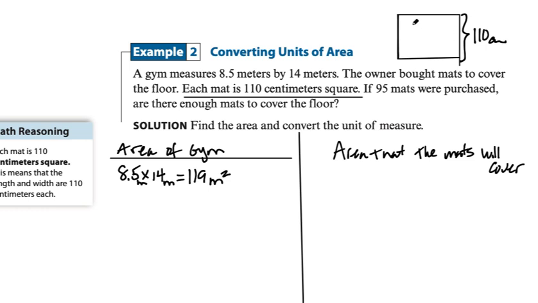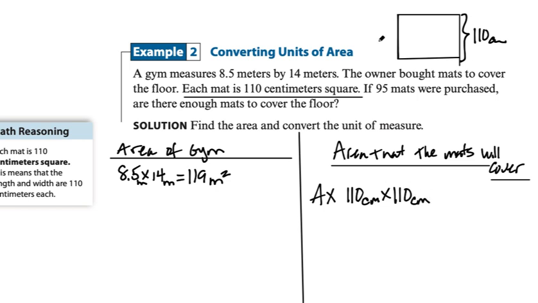So now what we've got to do is break this down and think about how many square centimeters are here and how many square centimeters are here. That's going to be an interesting idea that we're going to pursue. Let me change gears and talk about what's happening on this side. Let's figure out what the area of the cover is. So the area of these mats would be 110 centimeters times 110 centimeters, right?